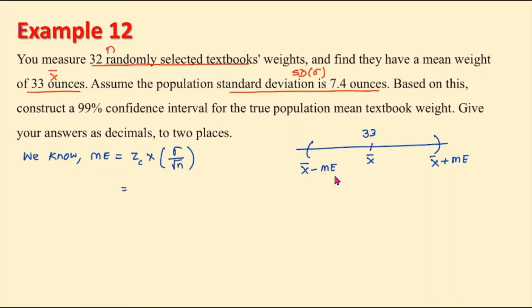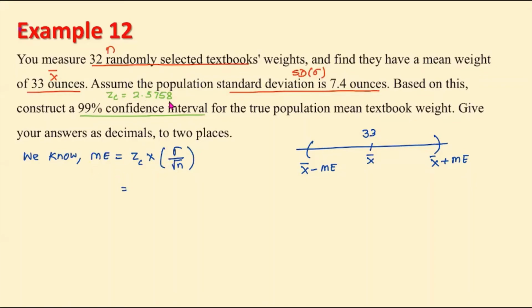For the 99% confidence interval, which is given in the problem, Z sub c is equal to 2.5758. This is the value from example 4. If you need to know how to find this Z critical for the 99% confidence interval, you can go back and watch example 4.